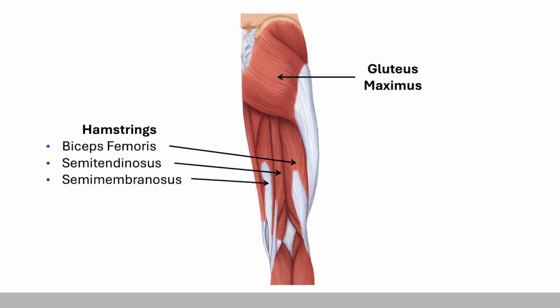And then on the back of the leg, we've got the gluteus maximus, the prime mover of hip extension, so it extends our hip outwards. And then we have the hamstring muscles, which flex our knee joint. In the hamstrings, we've got the biceps femoris, which is most lateral.